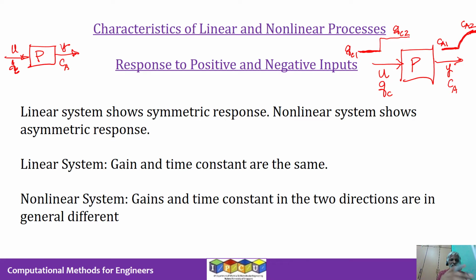So those are the specific symbols in a particular problem. Let's say we are looking at a reactor, then the generic input U can be specified as the coolant flow rate QC, and the generic output Y can be denoted by this specific output variable relevant to the system, which is Ca.